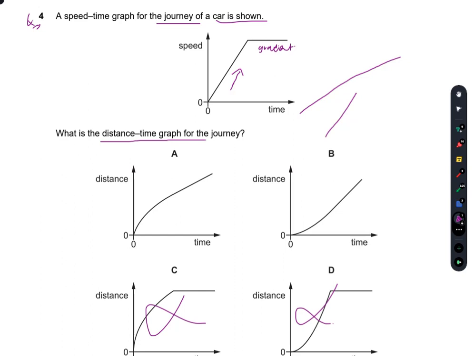Now you have to choose between A and B. The distance will increase first, and then it will go on increasing at constant speed. Distance won't decrease, and distance won't end. Now if I try to plot a graph here, I take this as 1, I take this as 2, I take this as 1, I take this as 2. If I compare the values here of 1 and 2, I can see that there is a very sharp decrease in the values here.